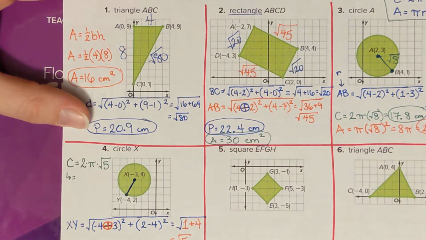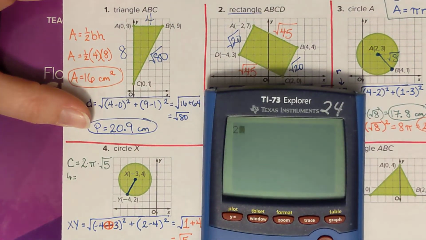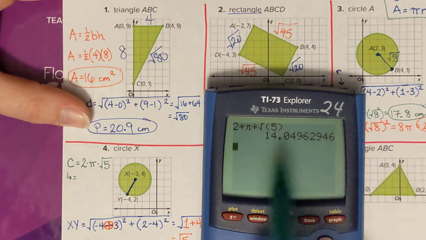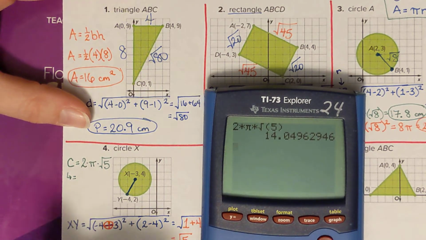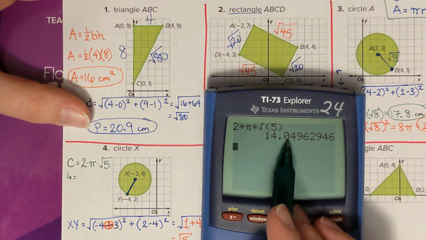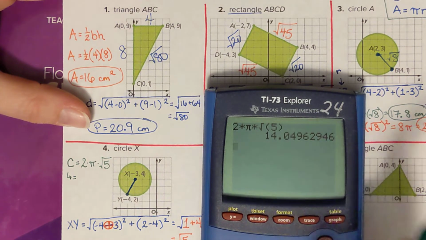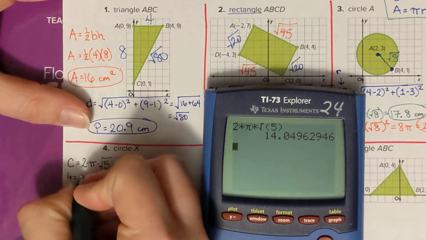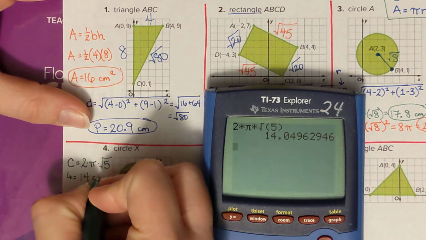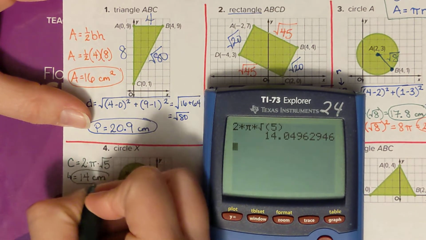So I'm going to put all that into a calculator: 2 times pi times the square root of 5. You should get 14 point, we're rounding to the tenth, so a 4 will not make a 0 round up, so we're just going to keep it at 14 centimeters.